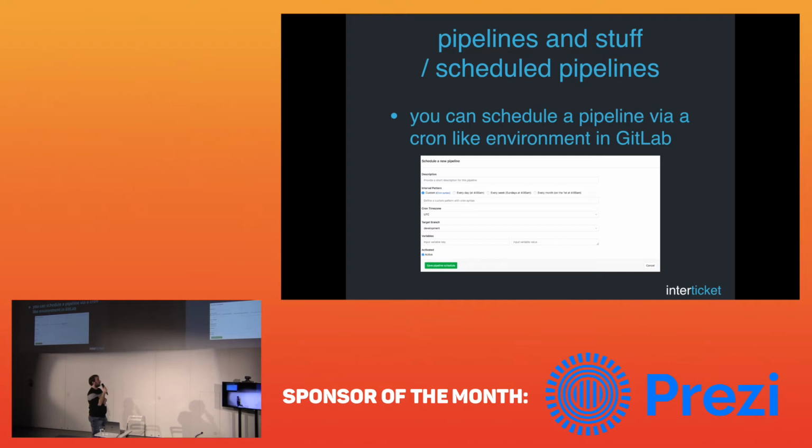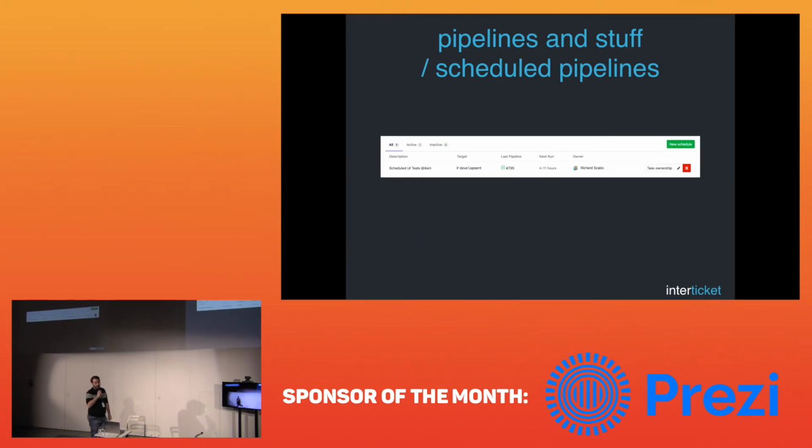So we are running them every day at 4 a.m. So when we get to work, we can see whether they failed or succeeded. This is the list where you can see the scheduled items. We scheduled UI tests for 4 a.m. As I said, the target branch is the development branch, and the last pipeline was successful. The next run will be in 11 hours, and so on.